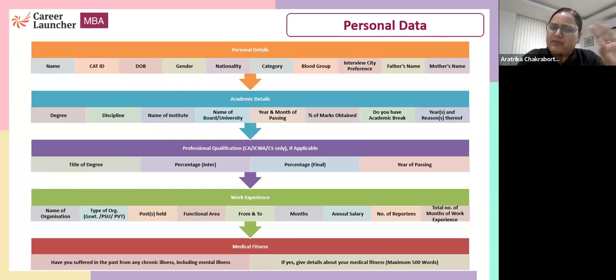Have you suffered in the past from any chronic illness, including mental illness? In case you have, please give a maximum of 500 words. You don't have to nag a lot or say something in a negative tone. Don't write anything negative. If you have undergone a lot of issues, you can mention that, but mention how you have recovered from it, how you have come up and performed so well that you have received the call.